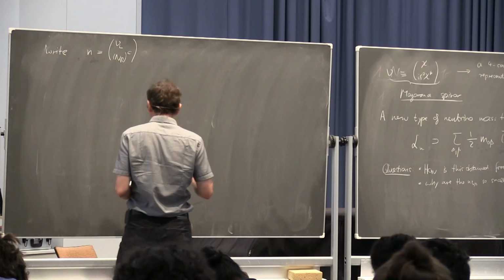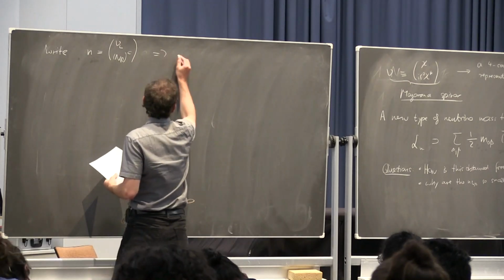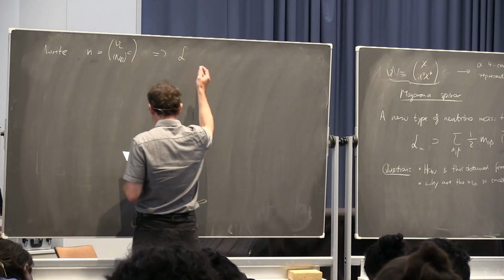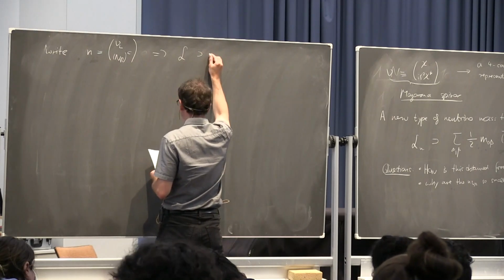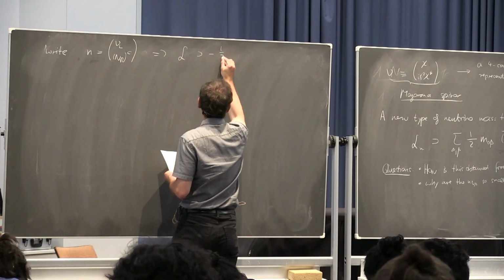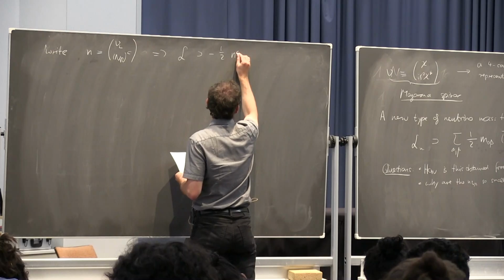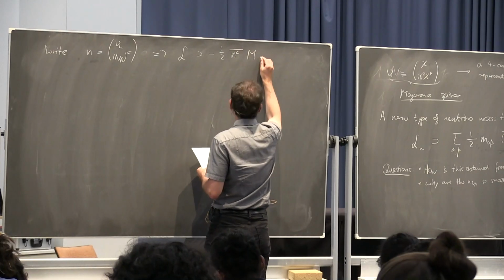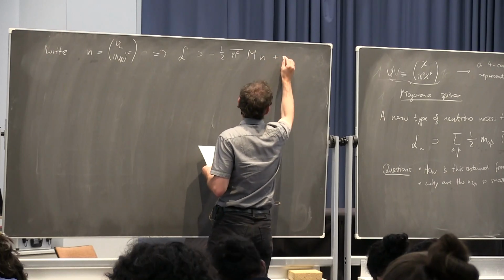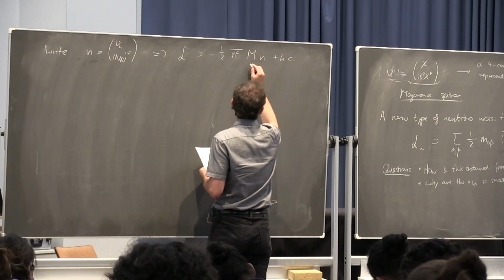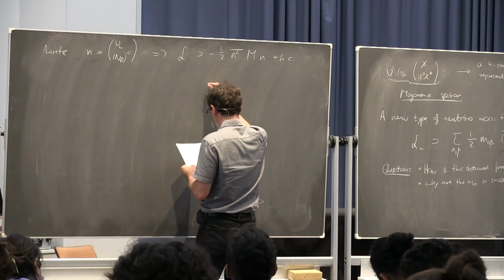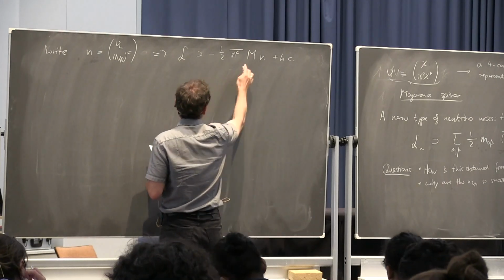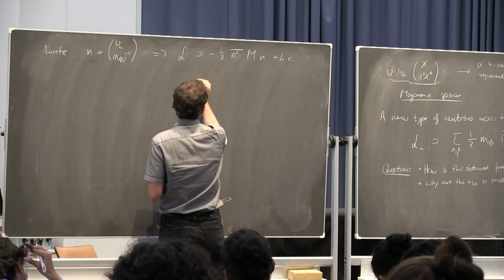And the reason I'm going to do this is because with this I can now write my Lagrangian in matrix form. So my Lagrangian now reads minus 1/2 n charge conjugate bar times capital M times little n plus Hermitian conjugate, where this matrix M looks as follows.